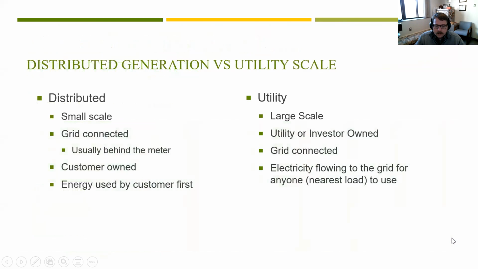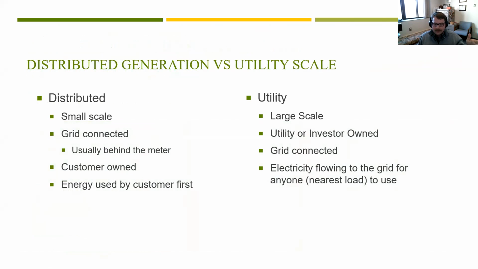So as we go into the intro, I want to just give some brief definitions quickly. First of all, when we think about solar, there's different sizes. And I'm going to separate those sizes into just 2 large categories. What I'm going to call distributed solar, which is small scale, typically under 100 kW.